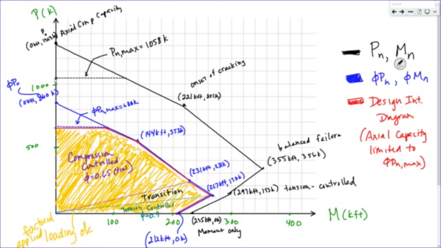So that is how we incorporate our phi factor and our axial capacity limitation, our PN max, into our interaction diagrams. Now you've drawn one, you've calculated it, you've seen how the phi factors affect it, and our next step is to actually use previously made interaction diagrams to design a beam.